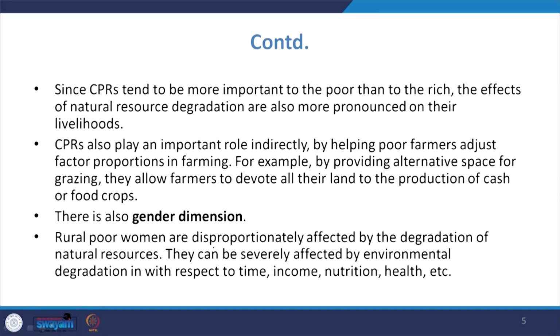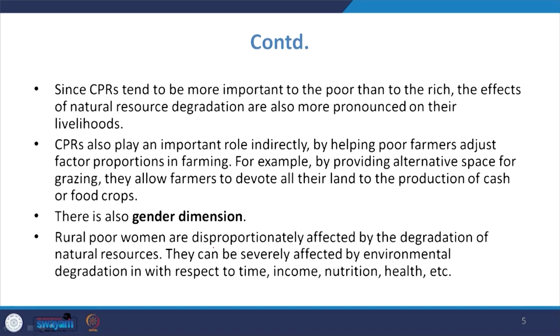So, if water depleted, they have to go more distance to collect the water, they have to devote more time to collect fuel, etc. So, a degradation in environmental resources will adversely affect the well-being of the women, and if these resources improves, then well-being of the female workers will improve.